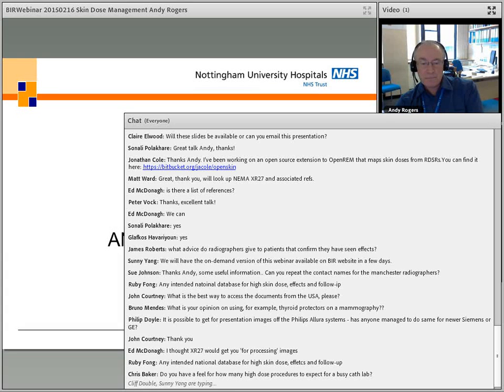In terms of a busy cath lab, if you mean cardiac cath lab, in a tertiary referral centre, when we were at higher doses, we thought, and the error bars are quite big on this, that somewhere around a quarter of our procedures might have been up around the 3 Gray level.